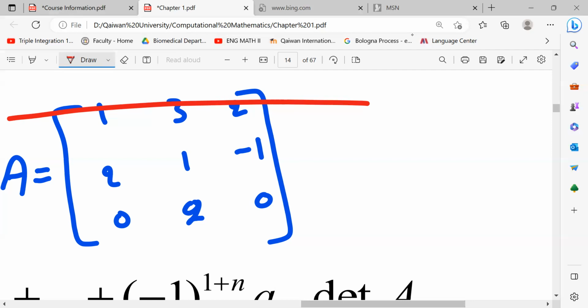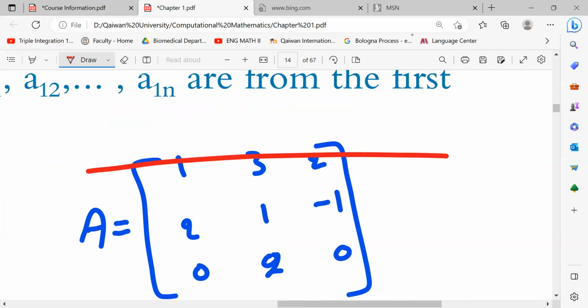Look, as I said, we are going to work on the first row. On the first row, we have 3 elements. This is A11. The second is A12. And the last one is A13.